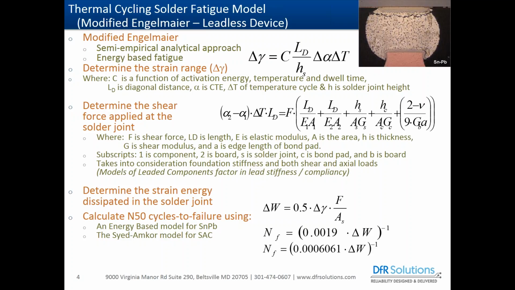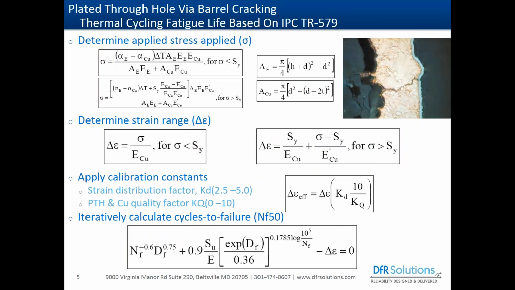They started with the Engelmeyer model, which has been modified a number of times for determining that thermal cycling induces or transmits a stress into a solder joint that produces a shearing force, and then figuring the strain energy dissipated in the solder joint, which can lead us to determine the mean number of cycles to fail.